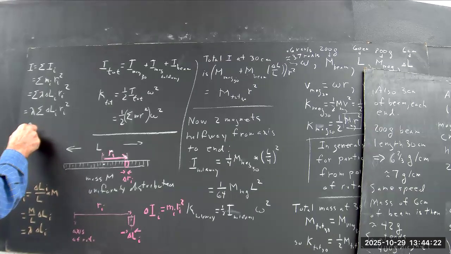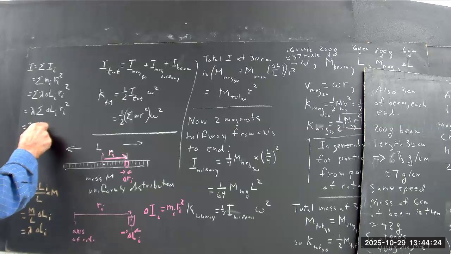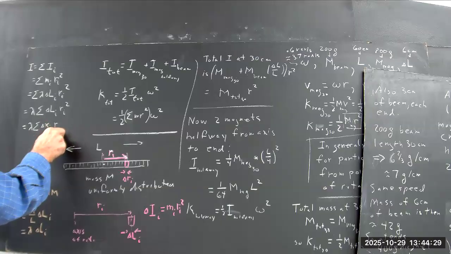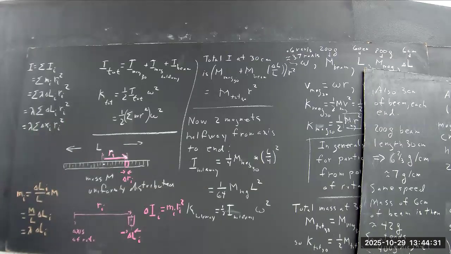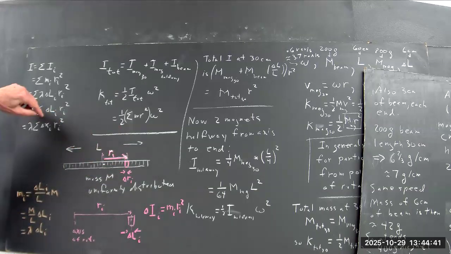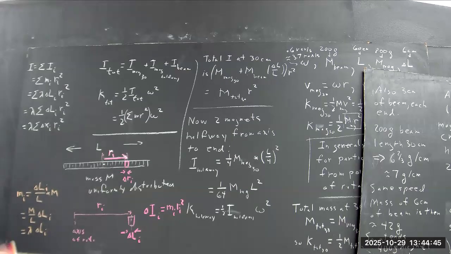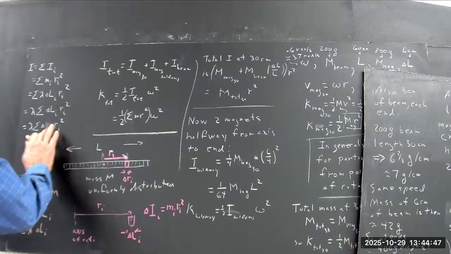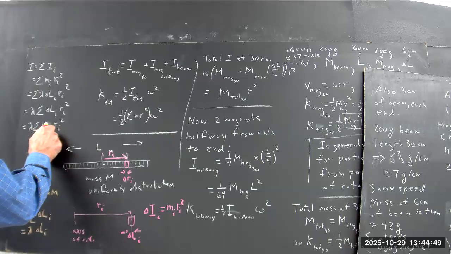Might have been better if I'd done this earlier. But at this point, I'm going to put this on the x-axis, okay? And a delta L is the same thing as a delta X, right? Or actually, I'm going to put it on a polar axis.